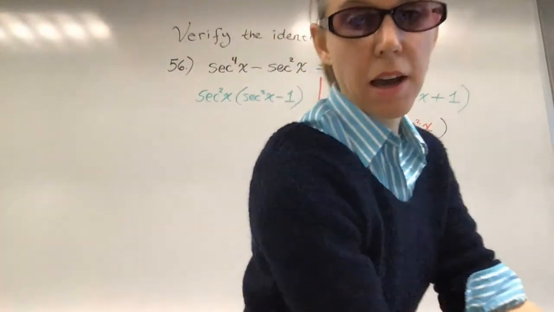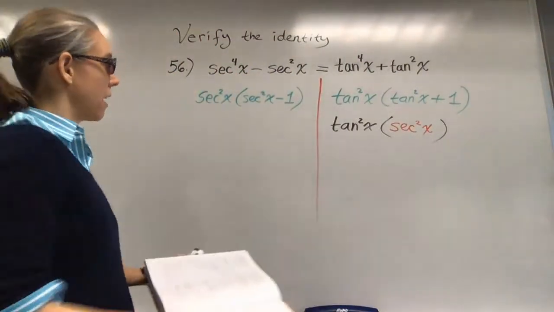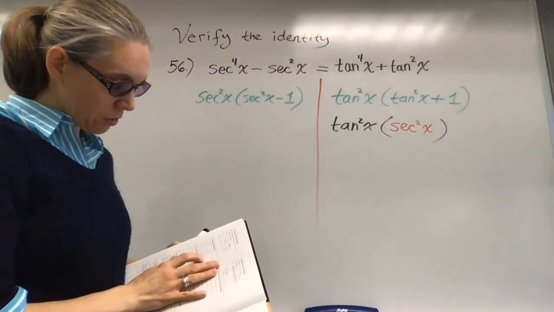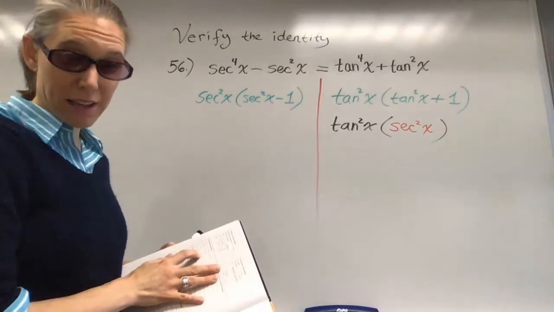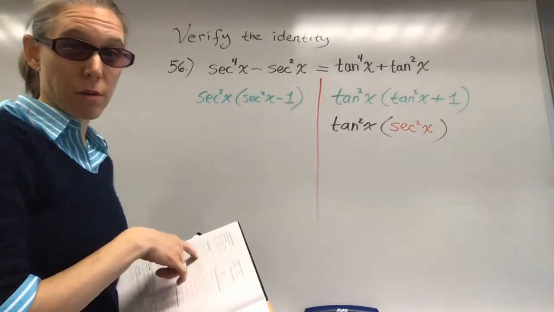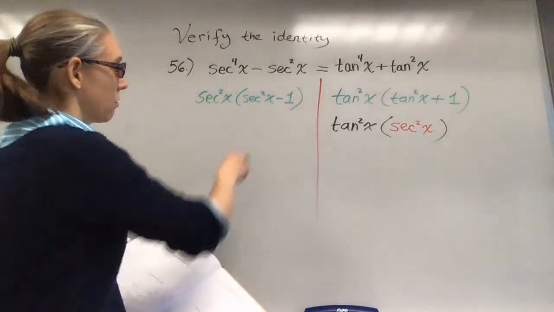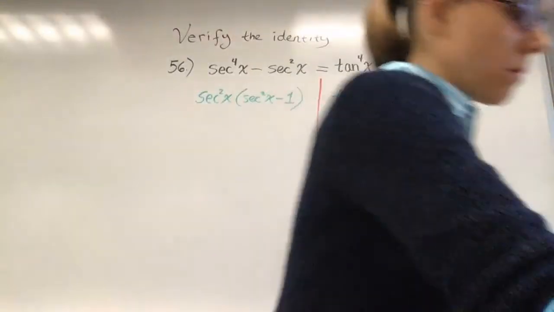Then I return to the back of the book again, and I look for one of the fundamental identities that involve secant squared. And since secant squared minus 1 would have to equal tangent squared, you can get that from rearranging that same identity we just used, I can replace secant squared minus 1 with tangent squared.